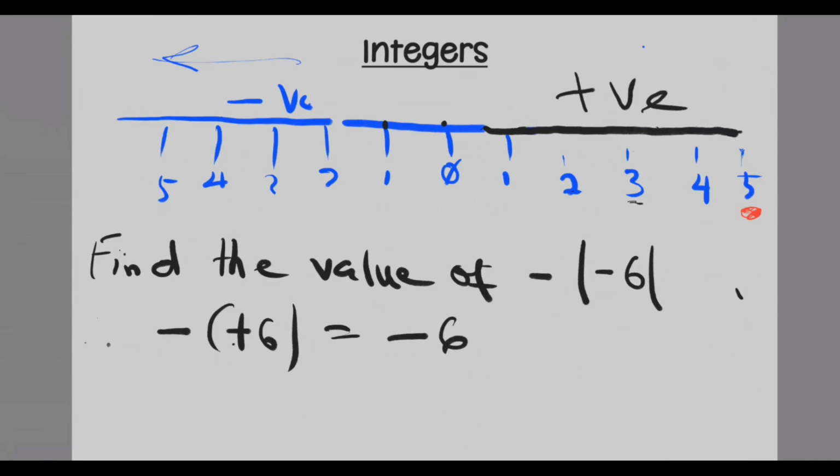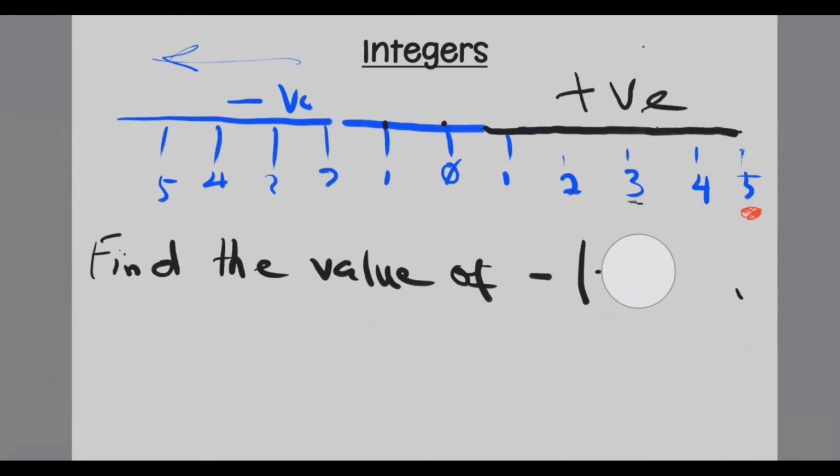Okay, let's do one more example on this. What is the value of minus, let me change that up a little bit, absolute value of plus 2. Again, absolute value is always positive, so the absolute value of plus 2 is 2.